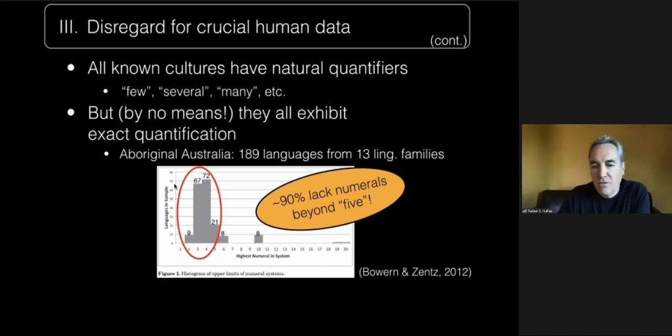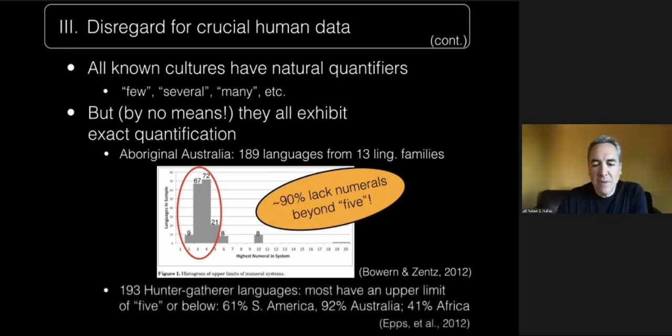Just 1 or 4 or 3 is good enough, and that is within the subitizing range. So the point is, beyond the subitizing range, apparently you can do perfectly well evolving for 50,000 years. That's 7 times the time in which Proto-Indo-European languages have evolved. Similar patterns were found by Patience Epps and colleagues in other hunter-gatherer languages in South America, Africa, and so on.